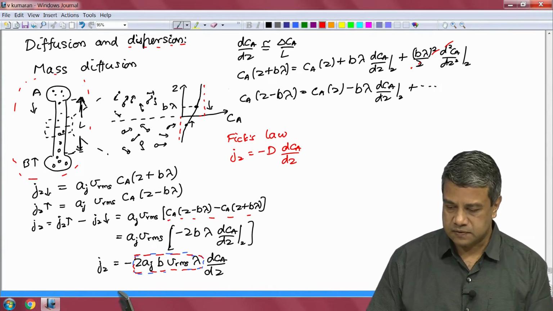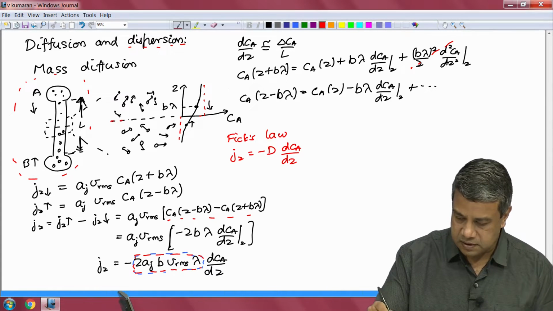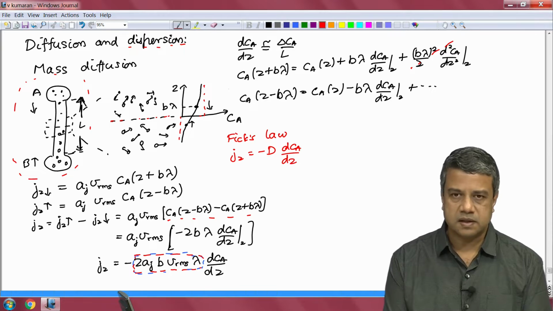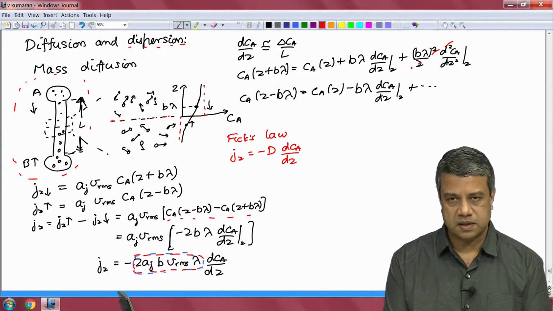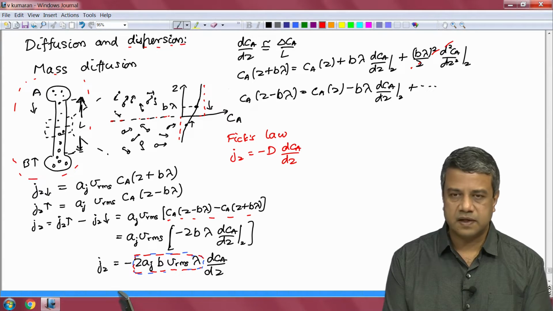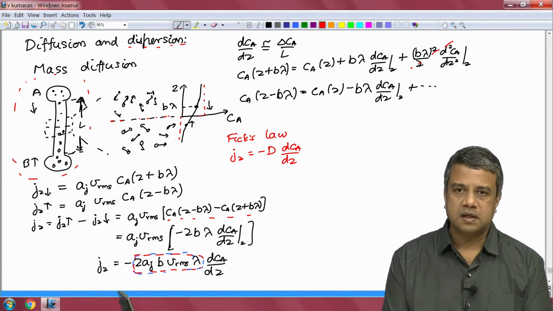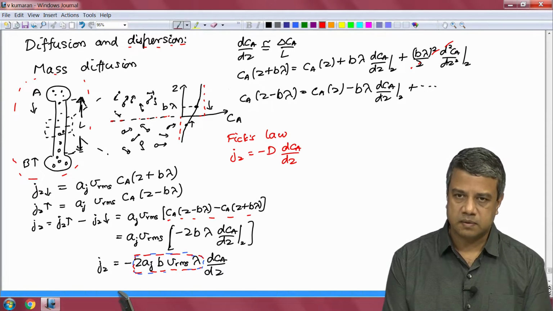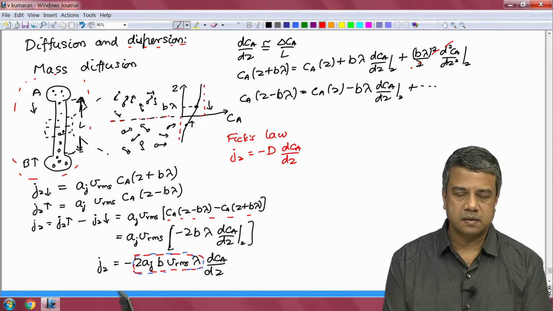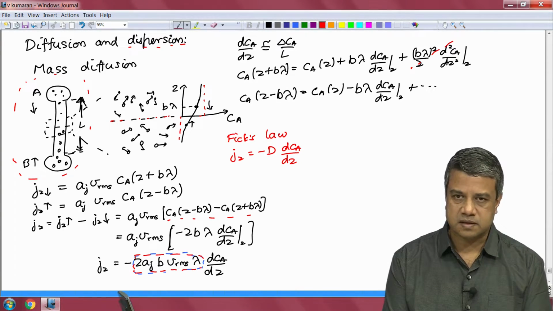Physically, the reason is as follows. At this interface, at the surface, you have a higher concentration above the surface and a lower concentration below the surface. At the surface itself, the concentration is uniquely specified. In a molecular description, the molecules that are traveling from above to below the surface travel on average approximately one mean free path above the surface in a gas, where the mean free path is the distance between successive collisions of a molecule.